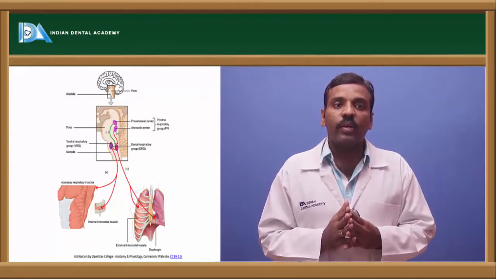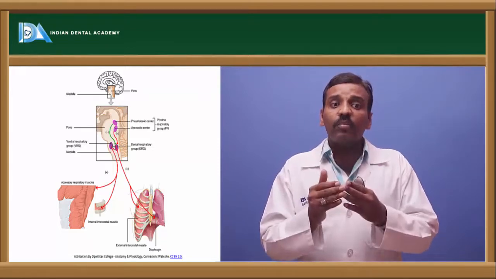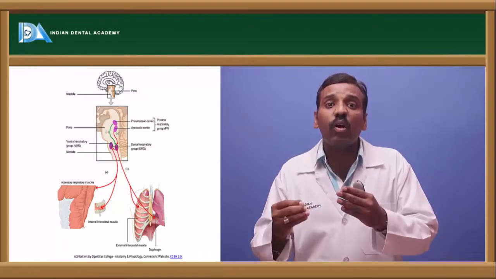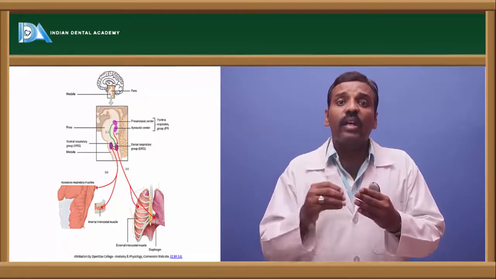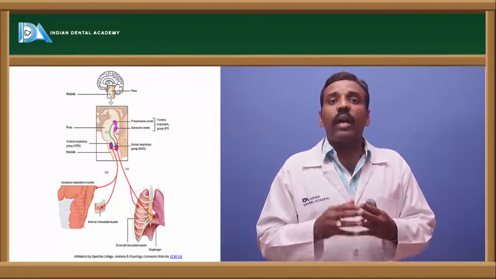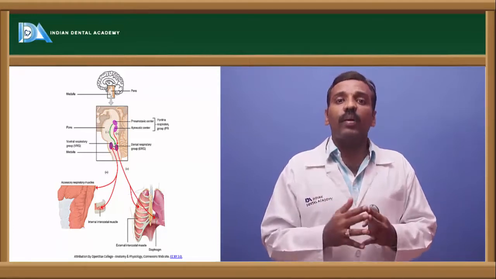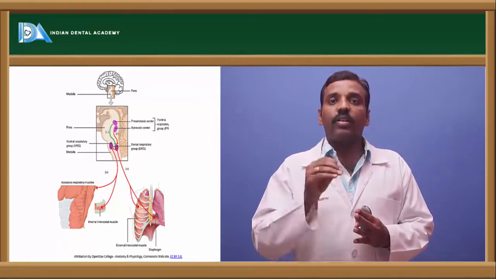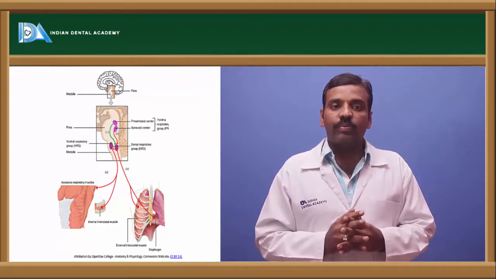At that time there is immediate activation of the expiratory neurons, the ventral group of neurons, and suppression of the inspiratory neurons, the dorsal group of neurons.